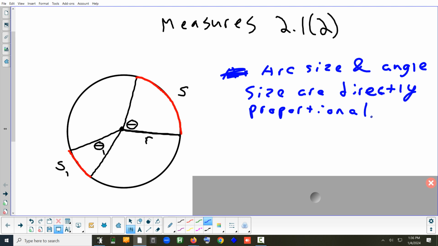Right. So because they have a relationship where they're directly proportional, what that allows you to do is create a proportion. Right? And by creating a proportion, we're going to be able to figure out the formula for the length of the arc. Now, when you create a proportion, you have two fractions. Okay?